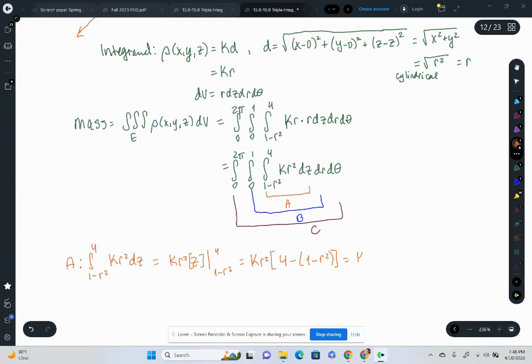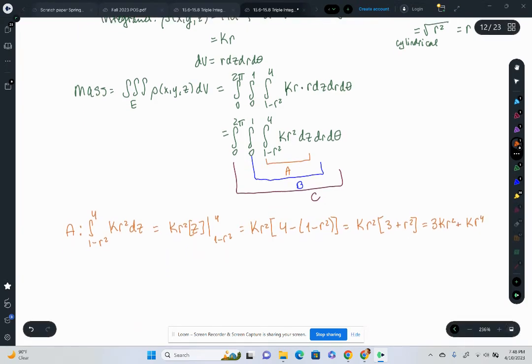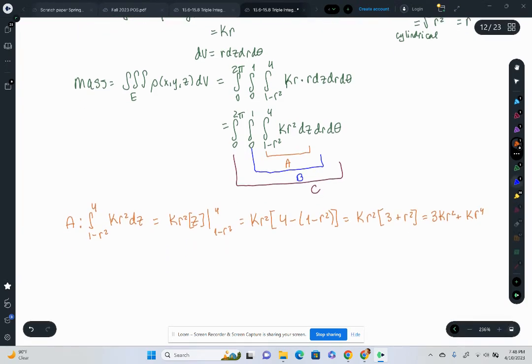All right, kr squared times 3 plus r squared, which is going to be 3kr squared plus kr to the 4th power. So this is going to be the integrand for b.